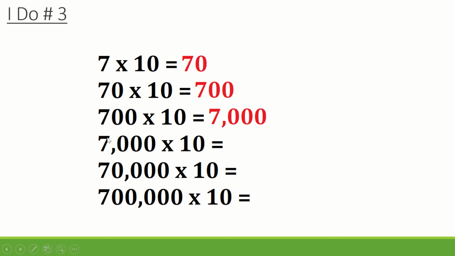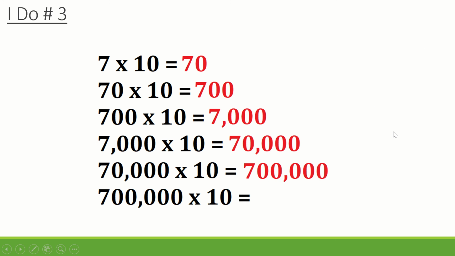7,000. If I were to say 7,000 times 10, that would give me 70,000. So if I were to say 70,000 times 10, that would give me 700,000. And finally, 700,000 times 10 gives me 7 million.